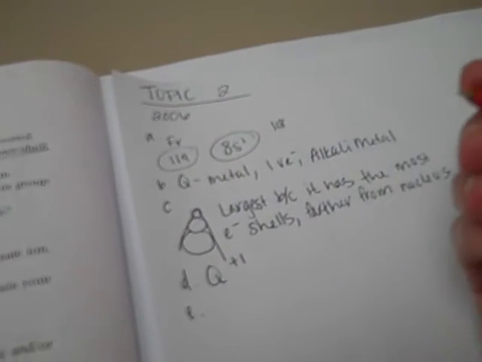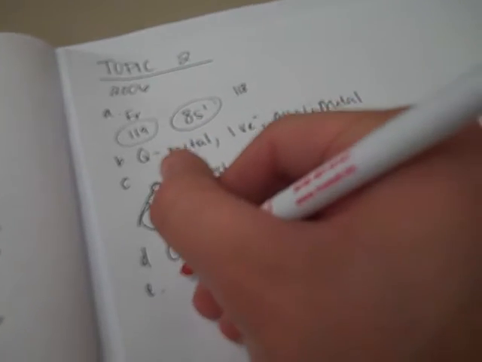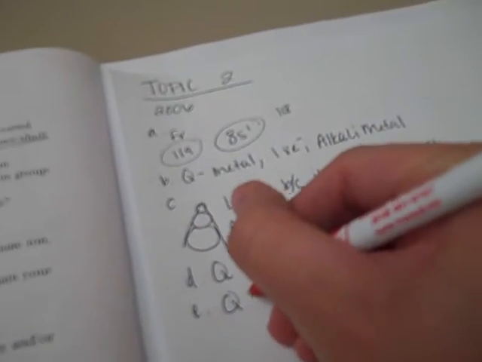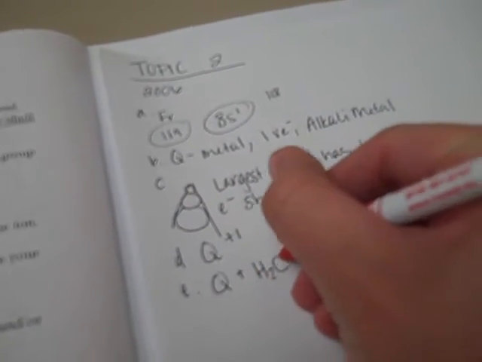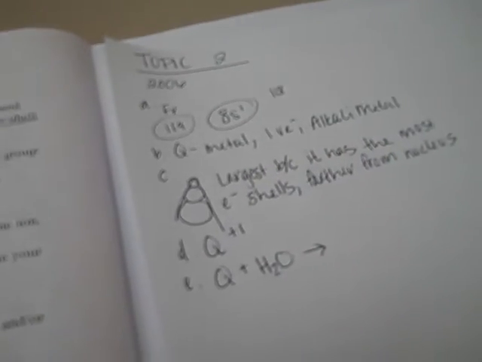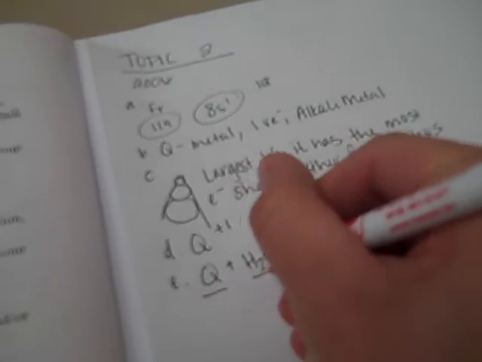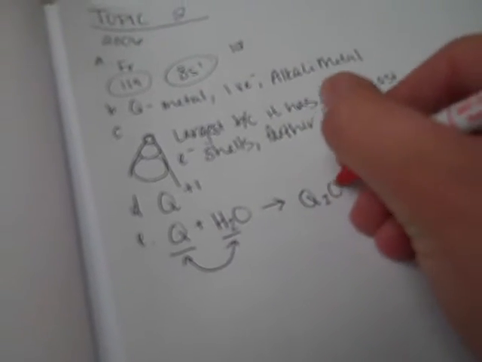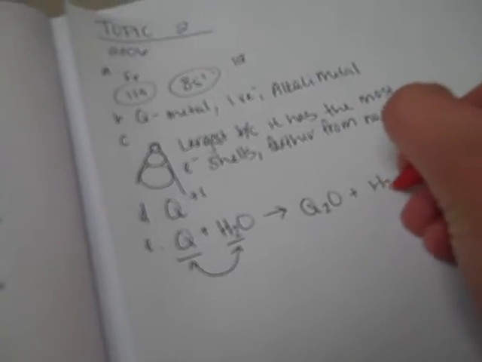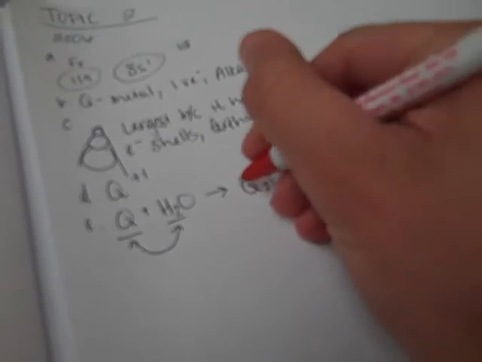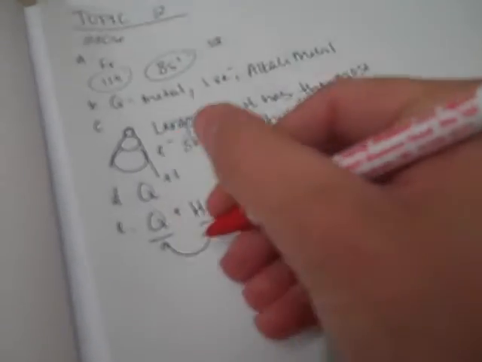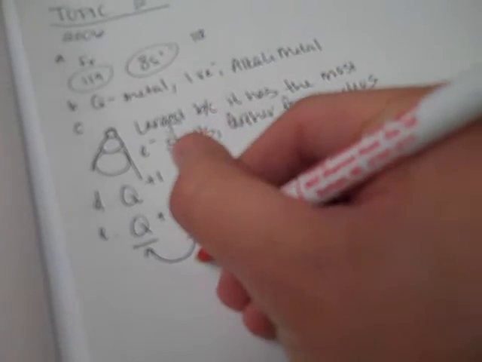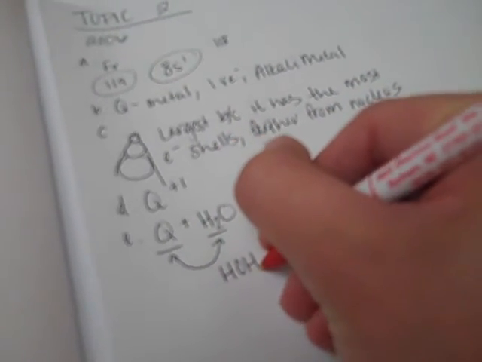E, write the balanced equation that would represent the reaction with water. So you have a metal plus water, which is going to give you a single replacement reaction. Do not just switch these two. Okay? If you do, you end up with Q2O plus H2. That is not right. So you want to think about water as HOH.